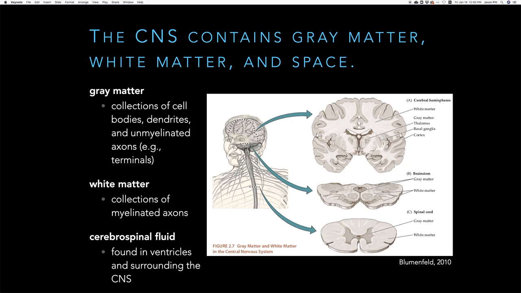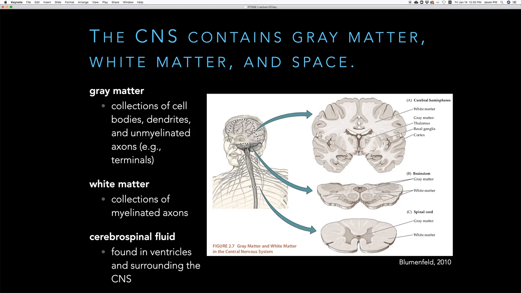Now, when we look at nervous tissue, we find different types of appearances. There's the gray matter, which in the cortex, or in the forebrain up here, is on the outside. When we move down into the brain stem, the gray matter is kind of distributed within the white matter.